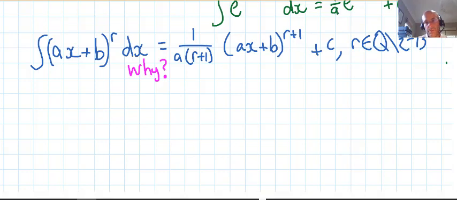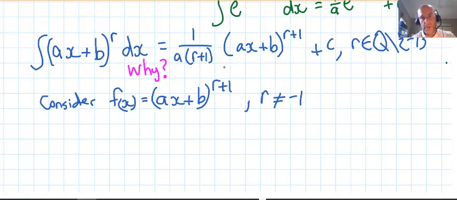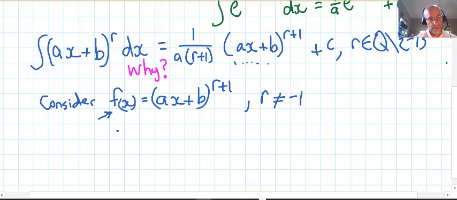Why is it so? Well, let's grab part of that result and call it f of x. So let's consider f of x equals ax plus b to the r plus 1, and let's use the chain rule to find f dash of x, the derivative.